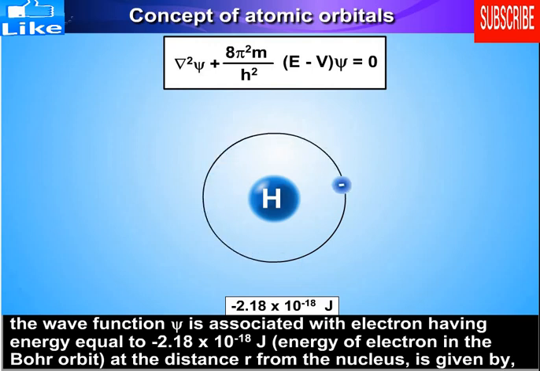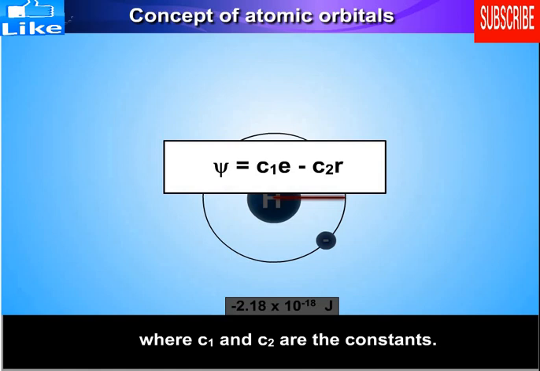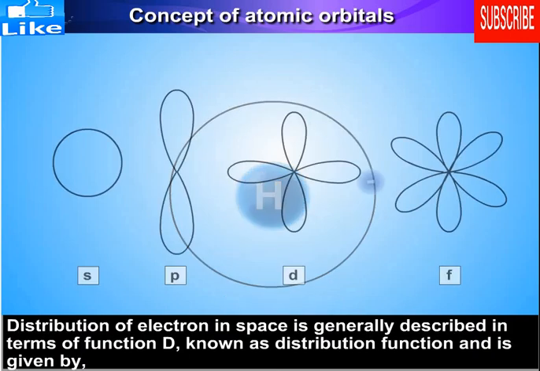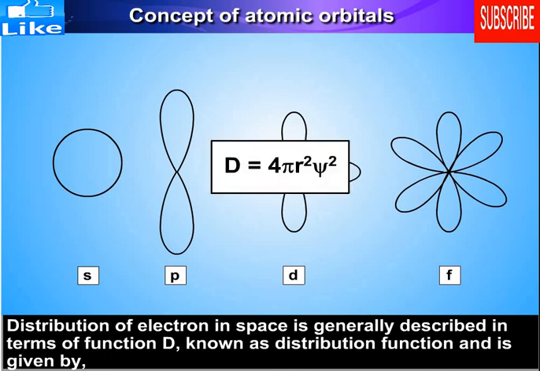Energy of electron in the Bohr orbit at the distance r from the nucleus is given by psi equals C1 e raised to minus C2 r, where C1 and C2 are constants. Distribution of electron in space is generally described in terms of function D, known as distribution function, and is given by D equals 4 pi r square psi square.